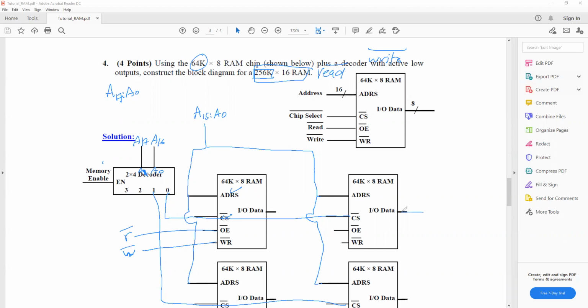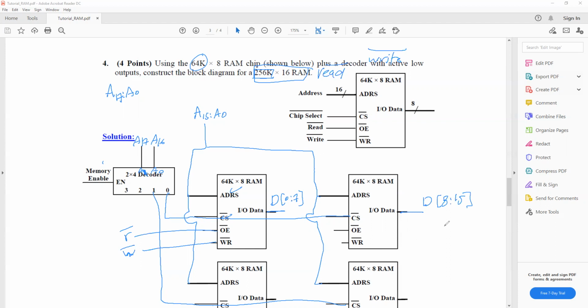يبقى عندي الاي او داتا. الاي او داتا بكل بساطه we will route. This one has 8 bit, فبالتالي this is D from 0 to 7 and this is D from 8 to 15.